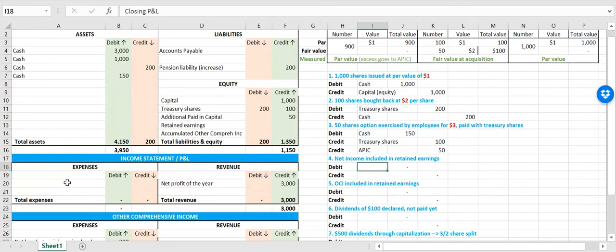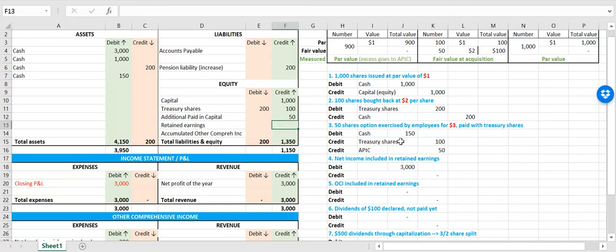Now we're gonna close the P&L because, as you can tell, our balance is unbalanced. Here we have a net profit of 3,000, so the credit balance is 3,000. We're gonna counter that with the same amount but in debit. I'm writing this in red because you won't see this in the actual financial statements. This is just an accounting transaction.